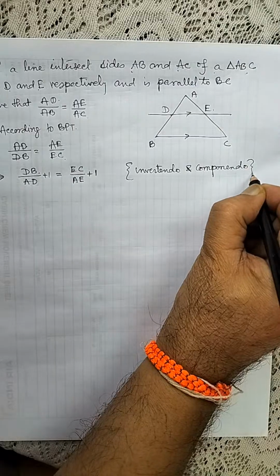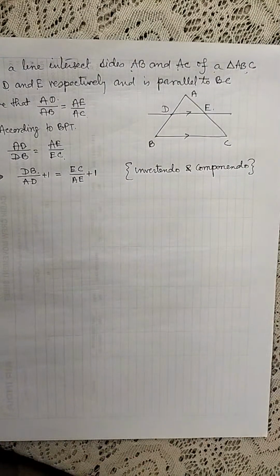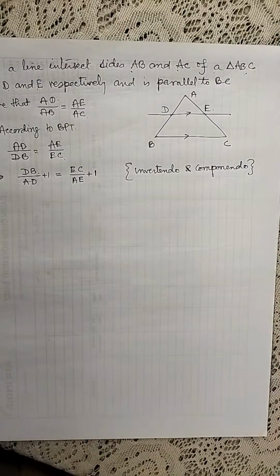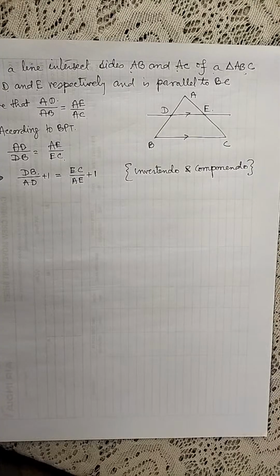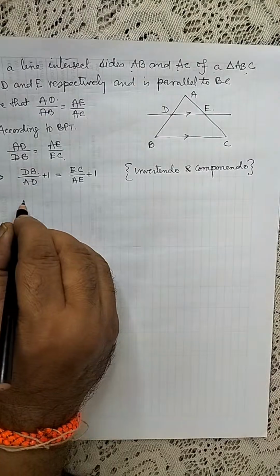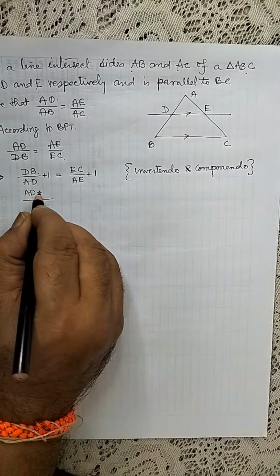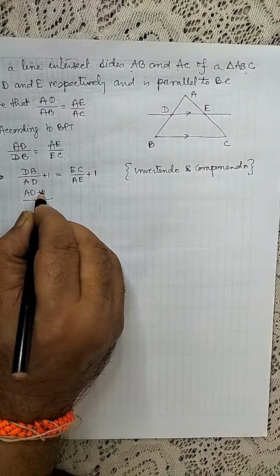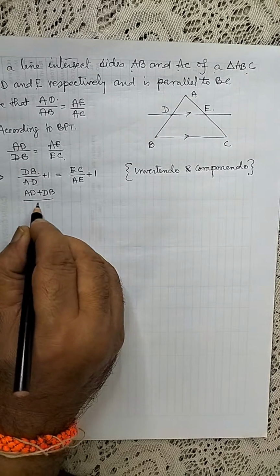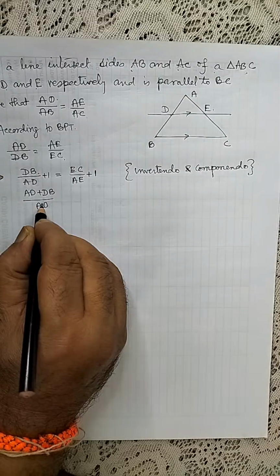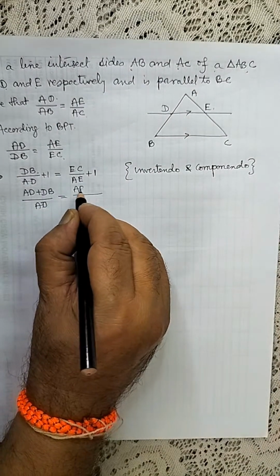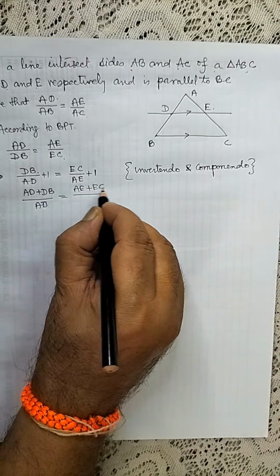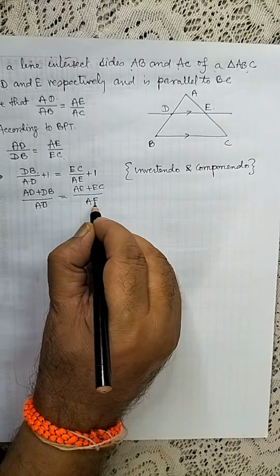Those who have done the chapter of ratio and proportion in class 7 may know this. But even if you don't know the names of these properties, nothing to worry. Now what do we get? We get AD plus DB by AD, and on this side we get AE plus EC on AE.